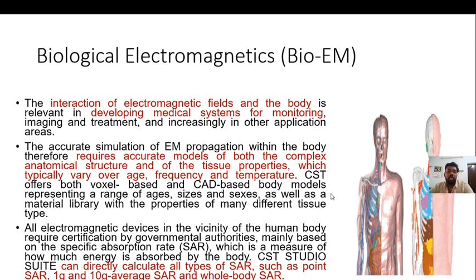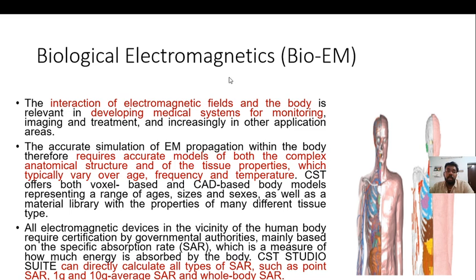This biological electromagnetics can calculate the SAR, the specific absorption rate, particularly 1 gram, 10 gram, and average SAR, and whole body SAR can be easily calculated.